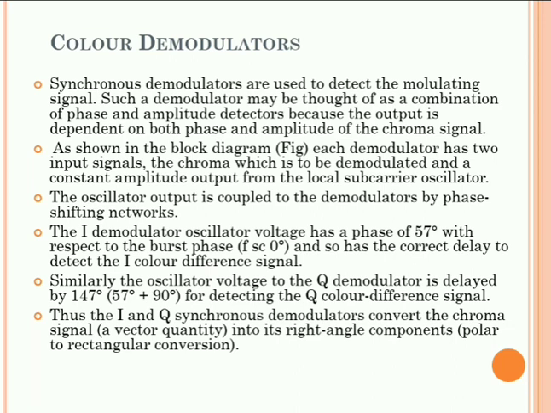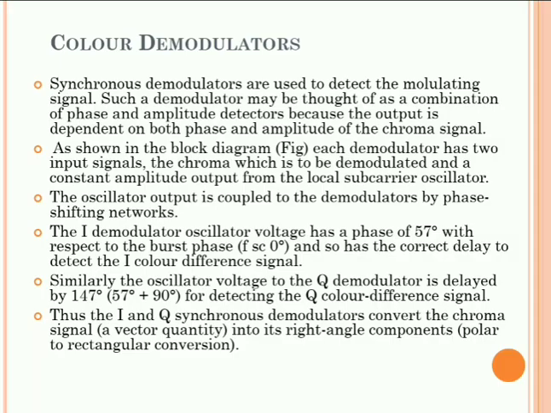Thus, I and Q synchronous demodulators convert the chroma signal, a vector quantity, into right angle components, that is, polar to rectangular conversion is done here.